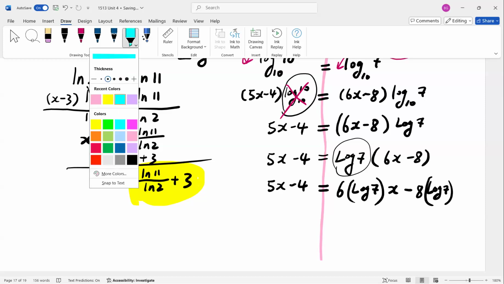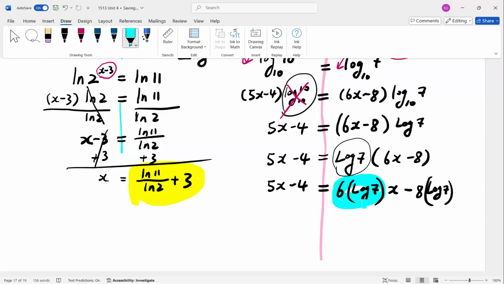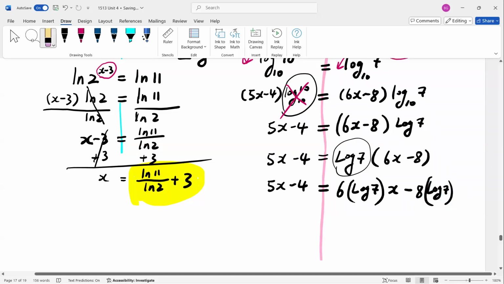Again, I want you to see that this is just one number. It's just a number. This is just also a number. Okay, so as you can see now, the equation has 4 terms. 2 of them with x, the other 2 without x. And we are going to collect like terms.